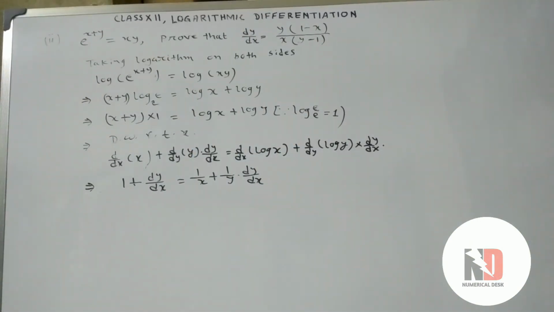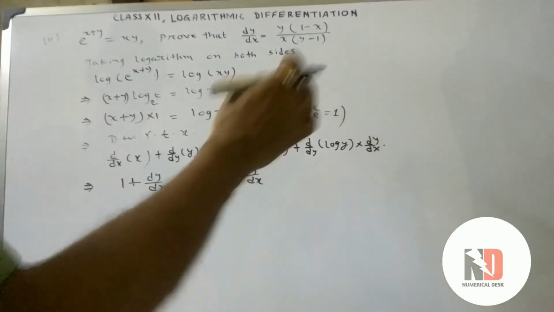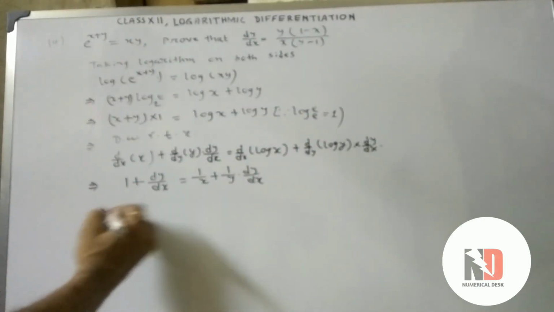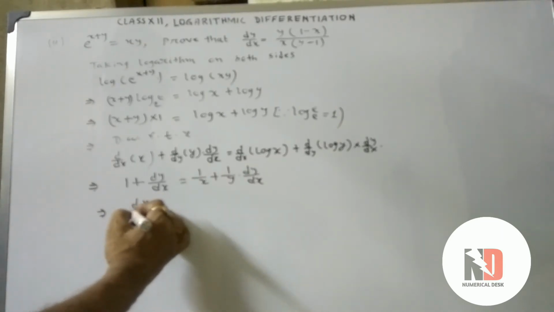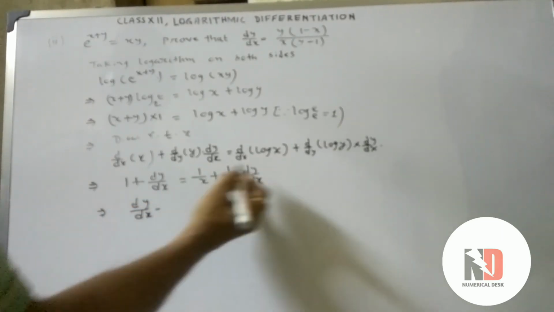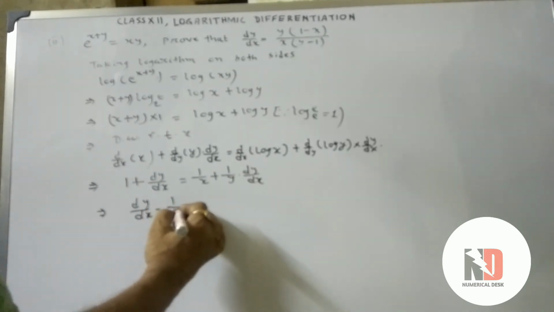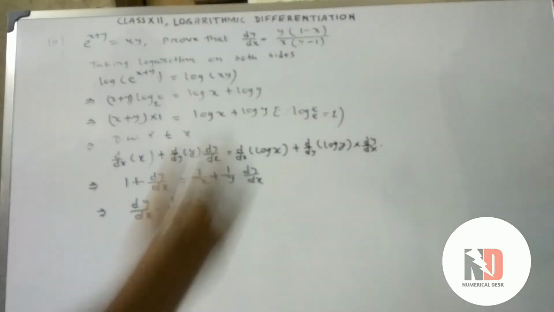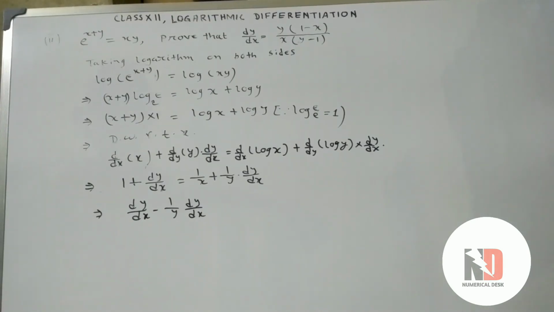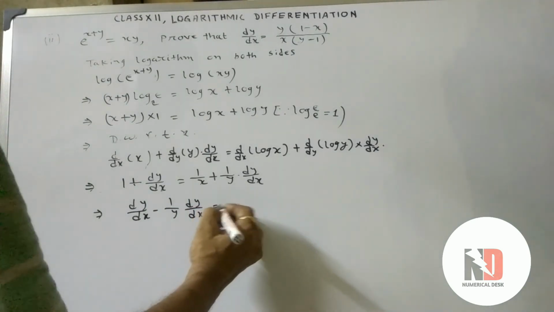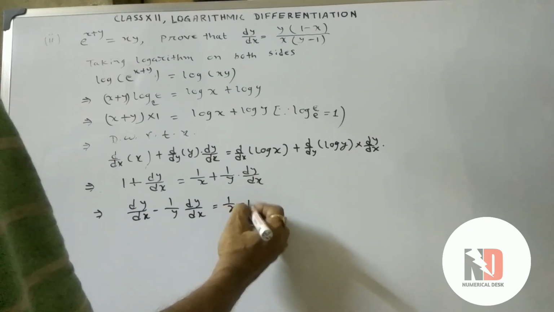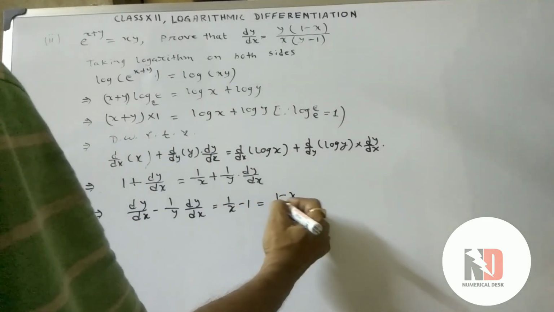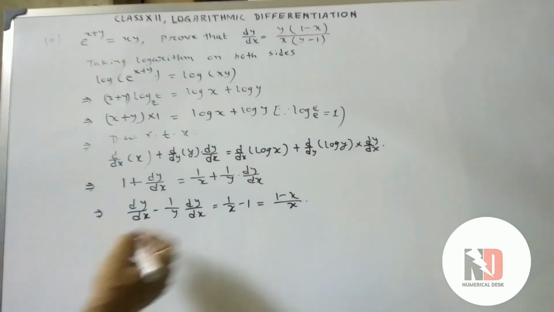Now for dy by dx, we generally gather all the dy by dx terms on the left hand side: dy by dx minus 1 by y dy by dx. So on the left hand side we generally like to bring all this. Now 1 by x minus 1 is equal to 1 minus x by x.